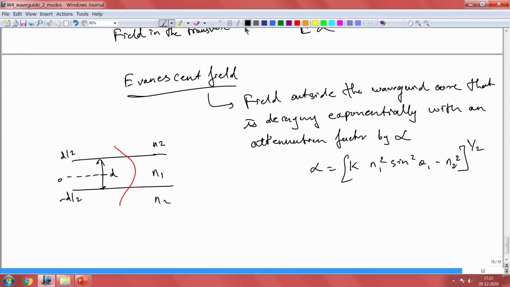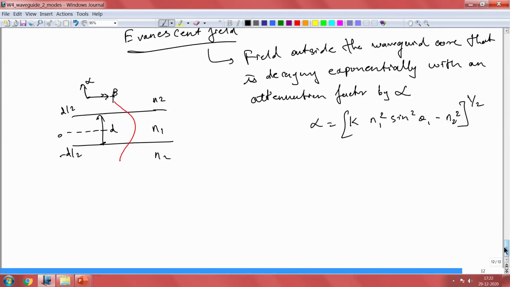Here we have beta and here we have alpha. Beta is the propagation constant that keeps the wave going through, alpha is the attenuation factor, so how quickly the wave is going to decay. Let us look at how this will happen.